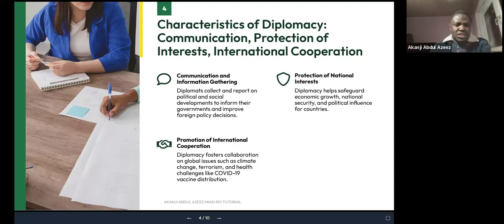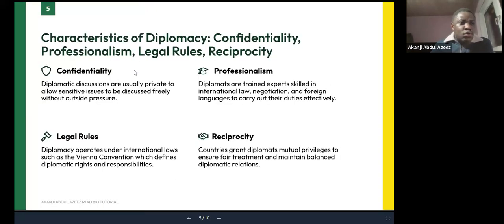Do you understand? So the next characteristic of diplomacy is confidentiality. When you talk about confidentiality, we mean privacy or private.